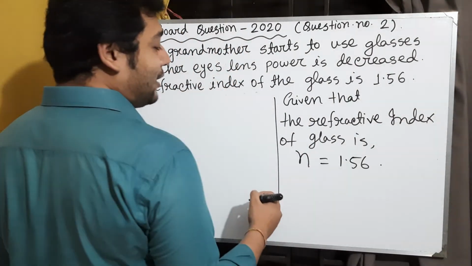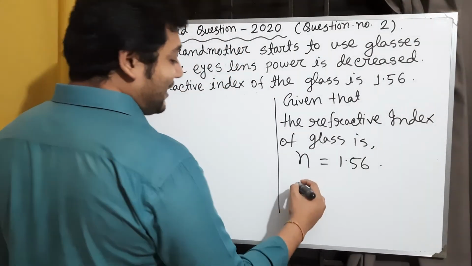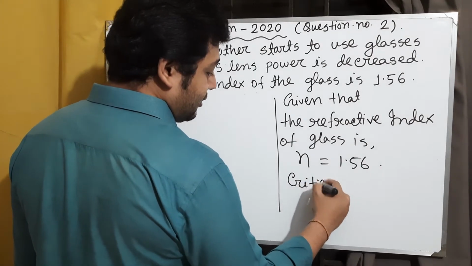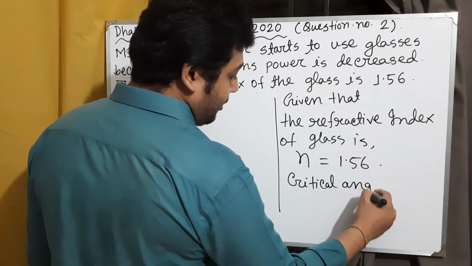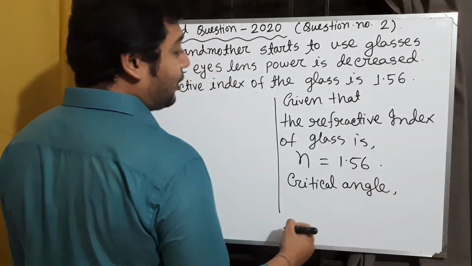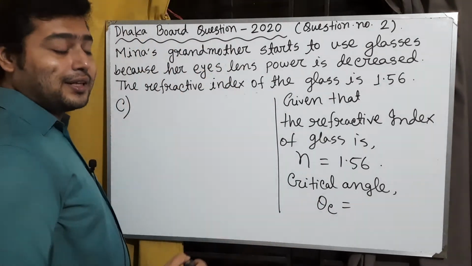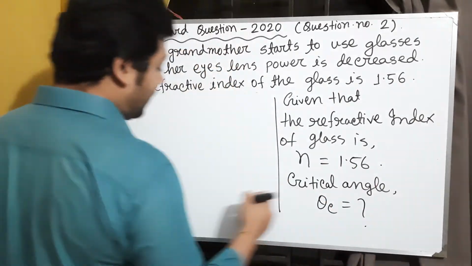We need to calculate the critical angle, theta c, of the lens.